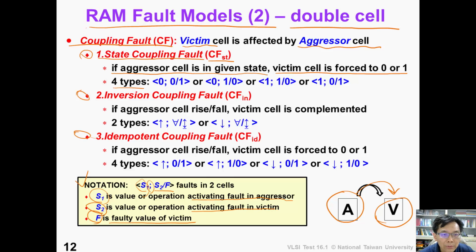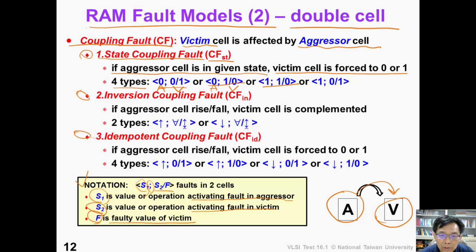There are 4 types of CFST, where this type means that when the aggressor cell is in logic 0, the victim cell will be stuck at logic 1. The second type means that when the aggressor cell is 0, the victim cell will be stuck at 0.